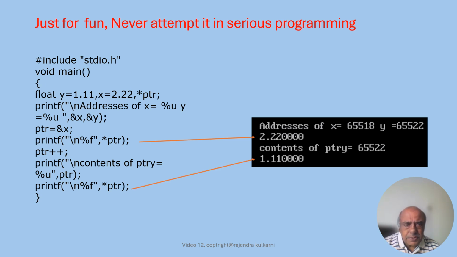and the same ptr to which we have assigned the address of x by this statement ptr is equal to ampersand x. By the same ptr we have been successful in getting the value stored in y.